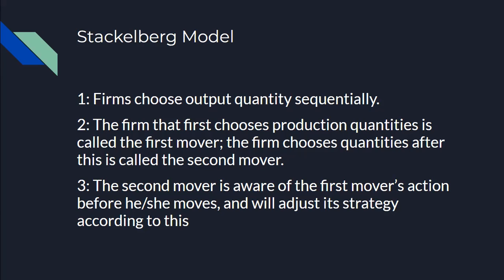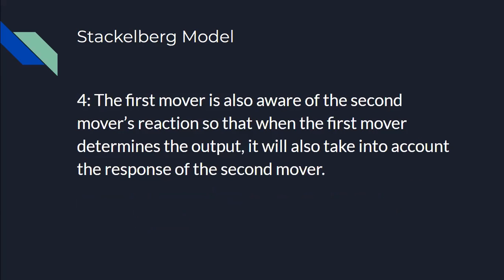Thirdly, the second mover is aware of the first mover's action before he or she moves, and it will adjust its strategy according to this. Lastly, the first mover is also aware of the second mover's action, so when the first mover determines the output, it will take into account the response of the second mover.